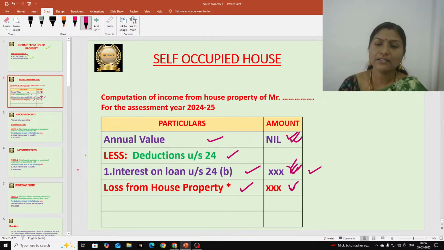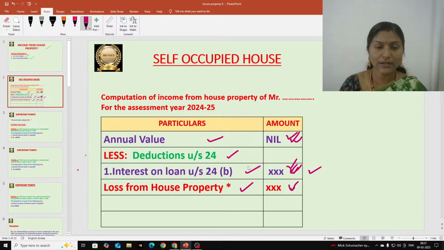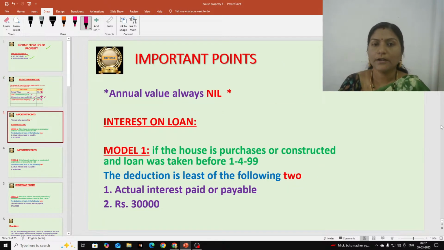Okay, let us discuss how to take interest on loan under section 24(b). What are the rules for that? Let me discuss that. What I told you is that annual value is always nil for every problem in case of a self-occupied house.